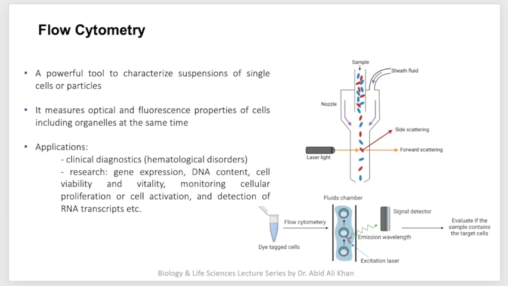Then the detector, with specific mirrors, optics and different combinations of diodes and PMTs, will detect these emission photons, and the electronics will tell you if this particular cell is present or not present.